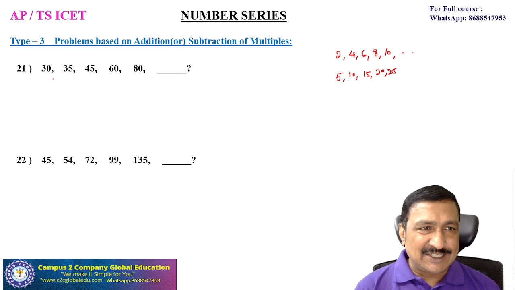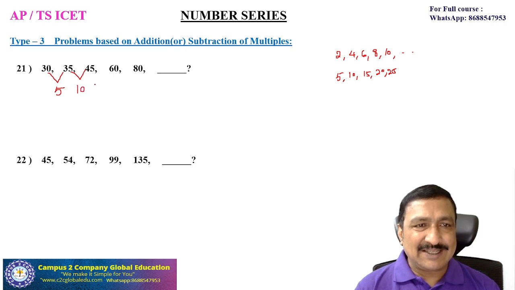Now we will discuss these problems. 30 and 35. How much is increased? 5 is increased. And 35 and 45. How much is increased? 10 is increased. And 45 and 60. How much is increased? 15 is increased. And 60 and 80. How much is increased? 20 is increased.